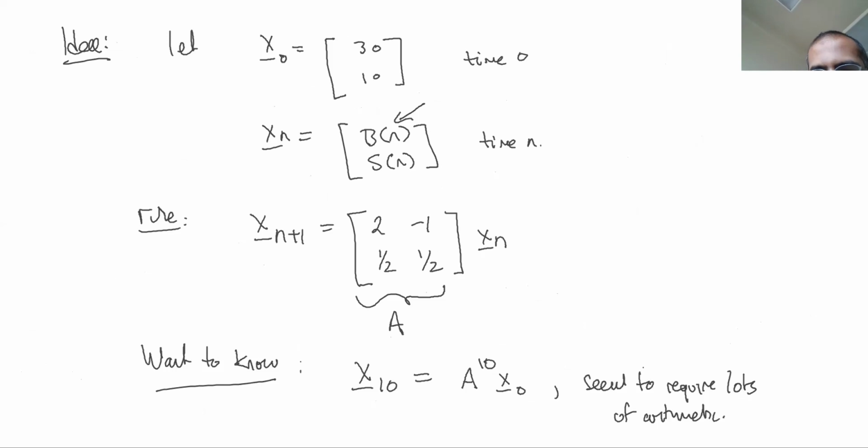Okay. So now the problem is reduced to just computing a high power of some matrix, which seems kind of annoying. So the idea is, well, let's diagonalize it. We know how to take powers of diagonal matrices. Remember, we don't know if we can diagonalize it, so let's find the eigenvectors and eigenvalues. Step 1, we compute the characteristic polynomial.